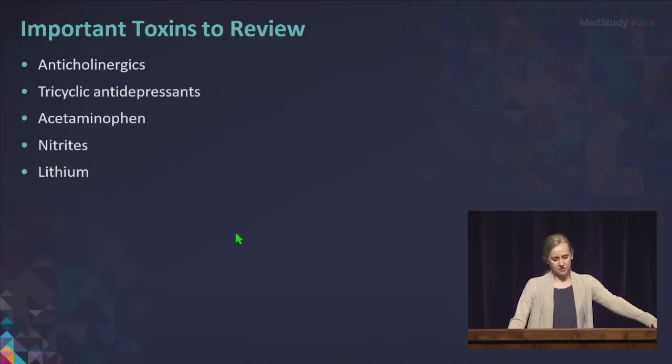So we're going to review a few of these toxins in a little bit more detail to make sure that we know how to manage them, especially because they can have overlapping presentations, and it's important to not get them mixed up.